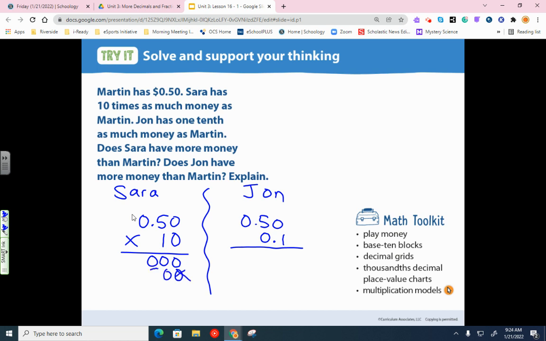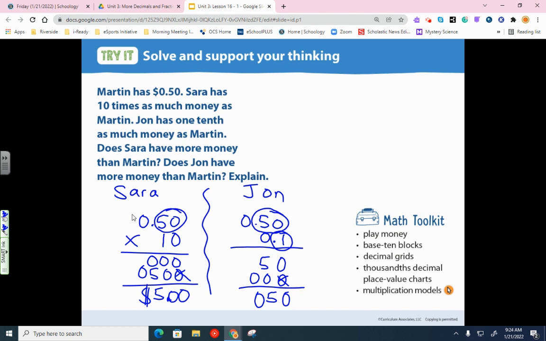We've got 0, 5, 0, 0, 0, 5. I've got two place values, so it's going to be $5. For this one, I've got 0, 5, placeholder, 0, 0, whichever. Now this has three place values, so this will equal 5 cents.